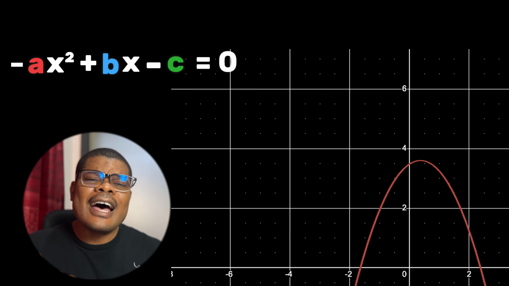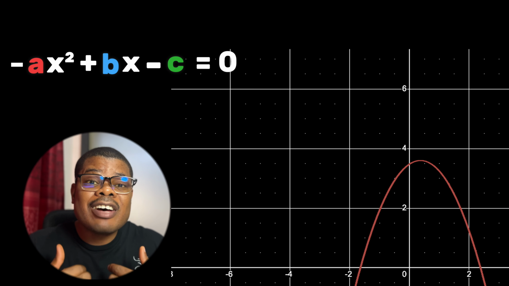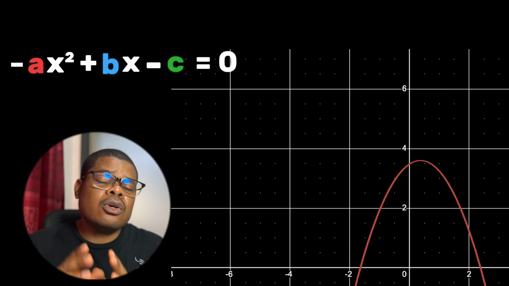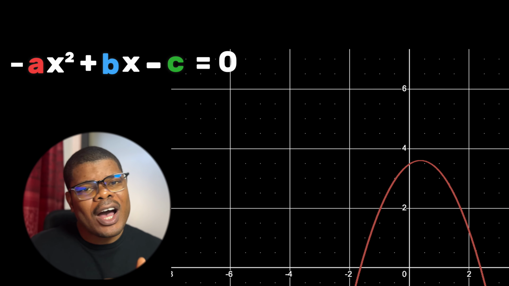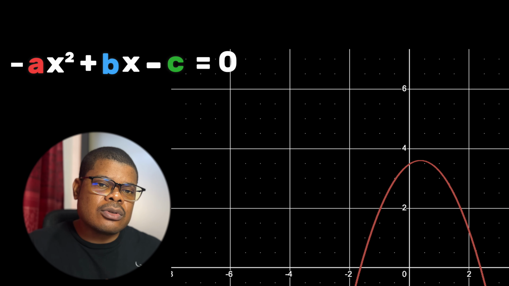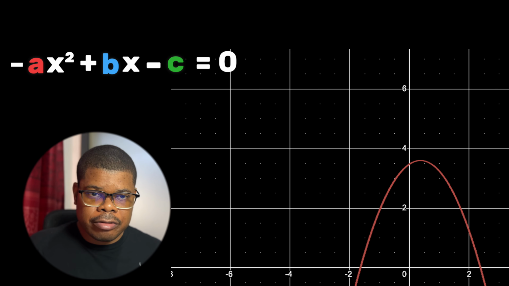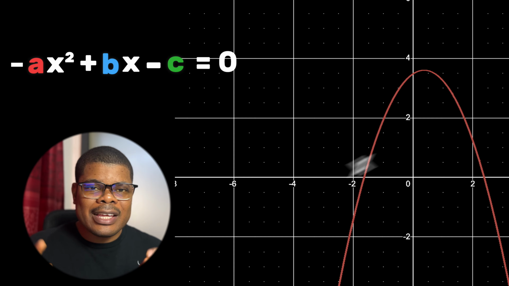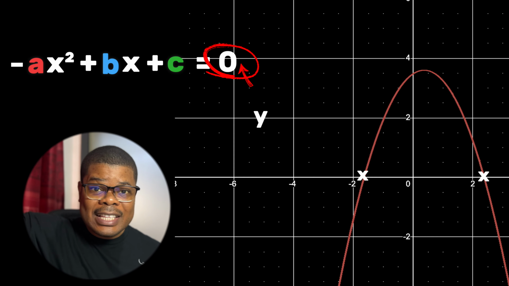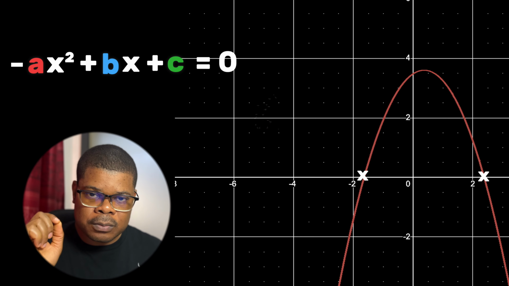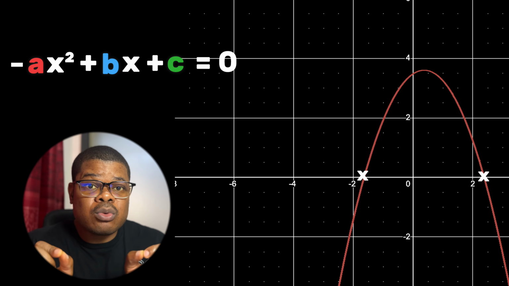So whenever you're asked to solve the equation or to find the value of x in an equation, that equation is equated to 0. And the reason why the equation is equated to 0 is for us to find where this curve intersects with the x-axis, when the height, which is the y value, is 0. And so that is actually what we're finding.